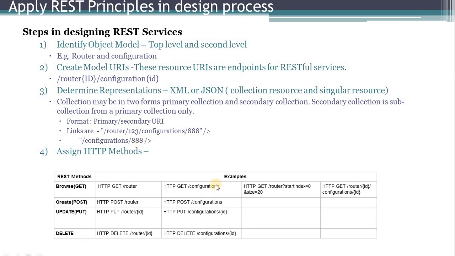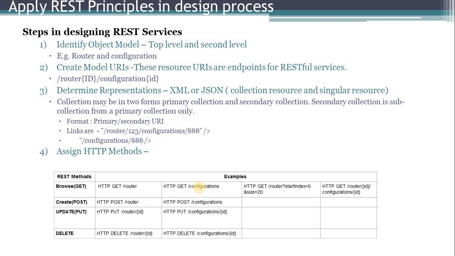Again, there are certain methods like browse or read, create, update, delete. For read we use GET. So we can write HTTP GET /router, or we can directly point to the secondary /configuration.